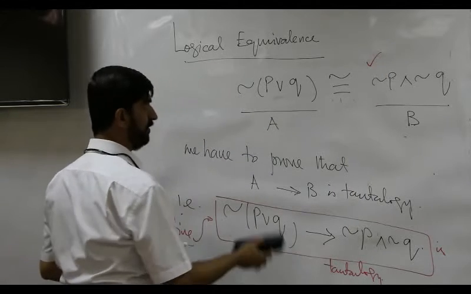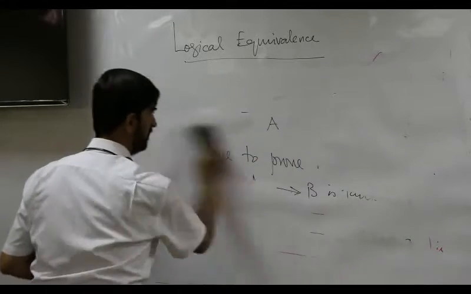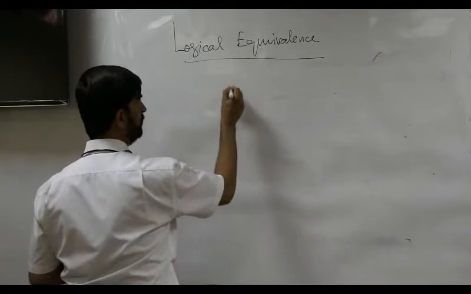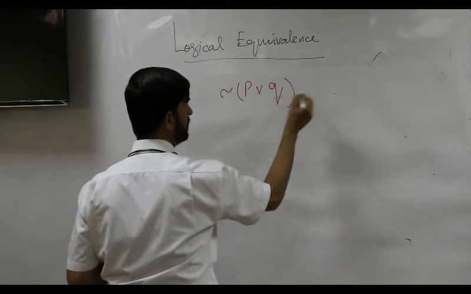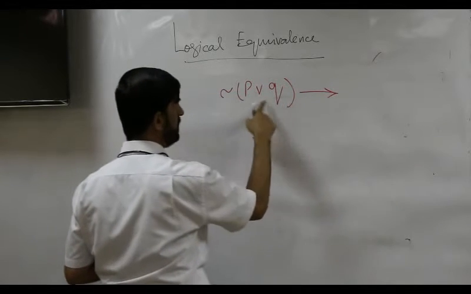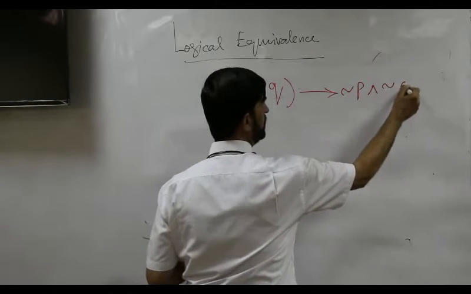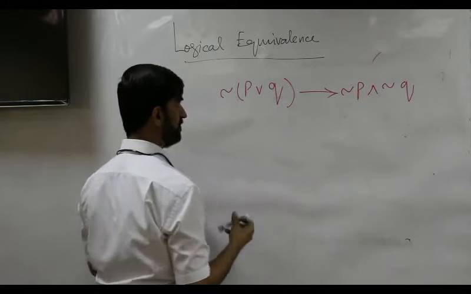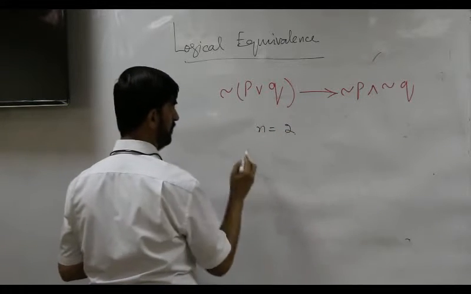For this purpose, we will use the truth tables. By using the truth table, we will show that not (P or Q) implies not P and not Q is a tautology. Here we have two variables, so n is equal to 2.